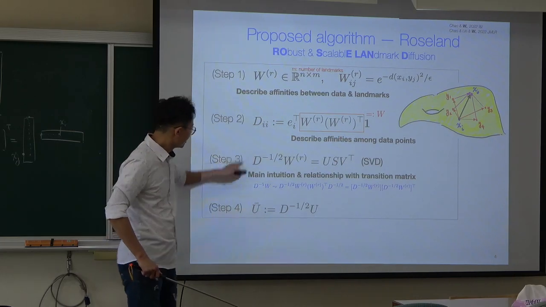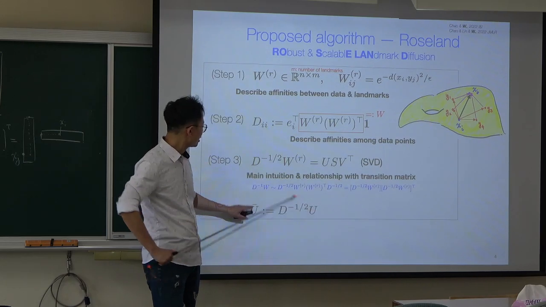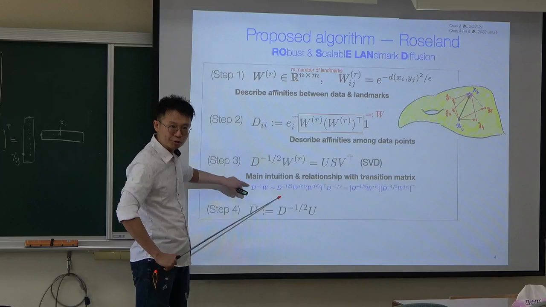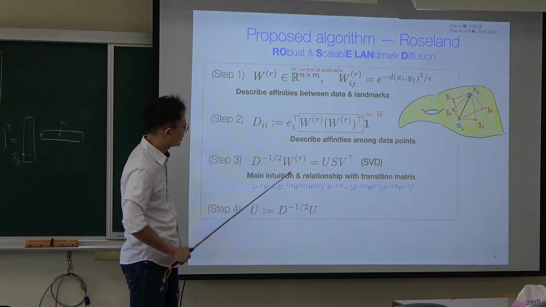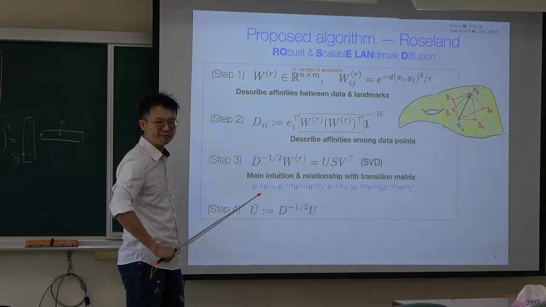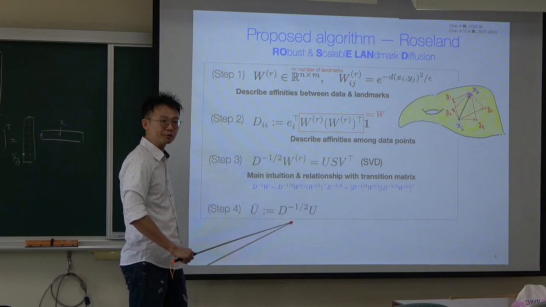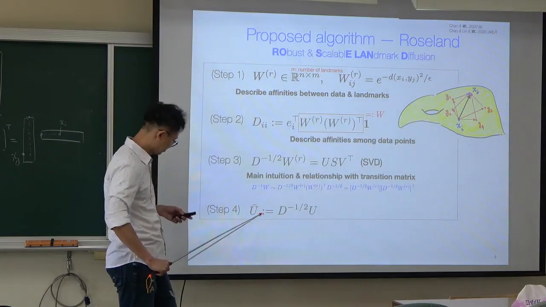And then finally, you just calculate U bar to be D minus half U, which is nothing but like what we did before in diffusion map, right? You calculate an eigendecomposition of a symmetric matrix, but what you want is D inverse W, so you just move it back by multiplying D minus half U. And that is the final eigenvectors we have interest in.